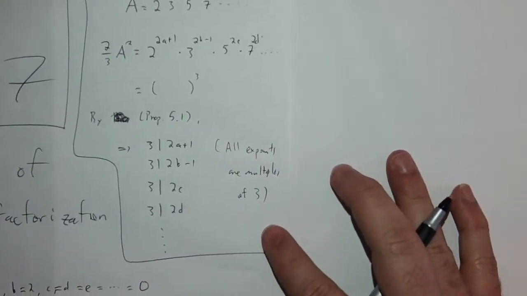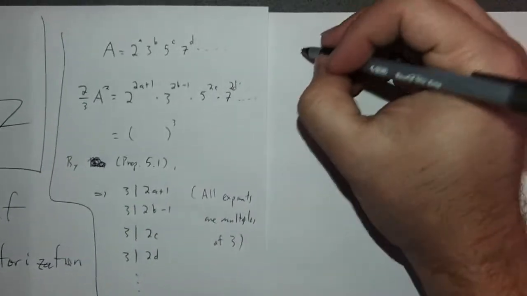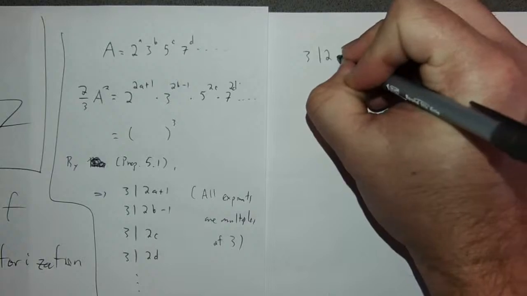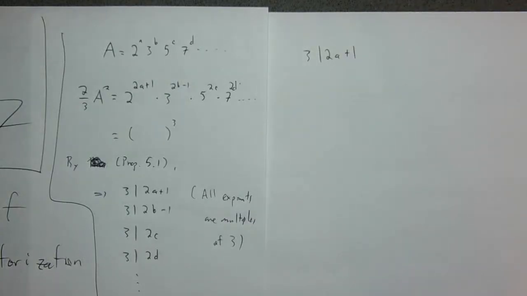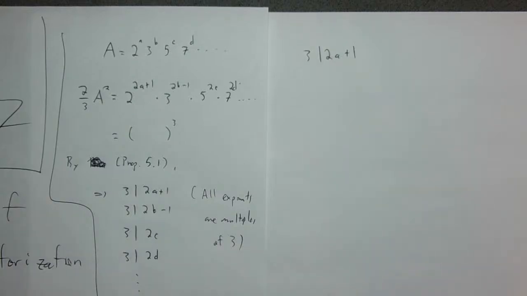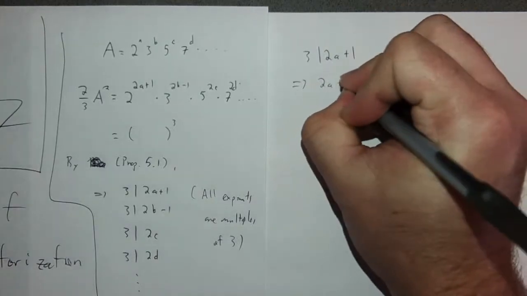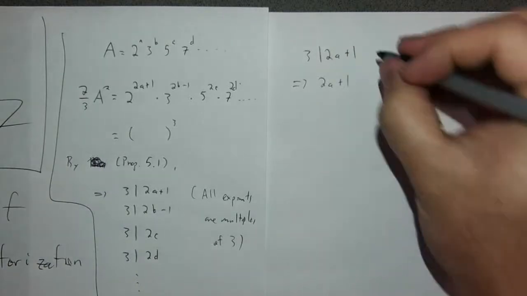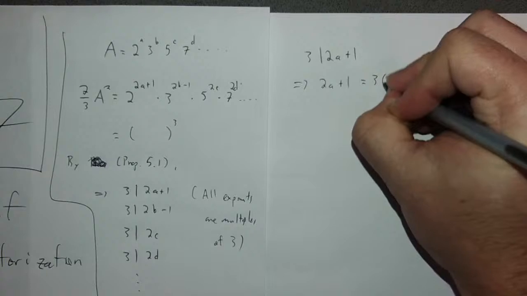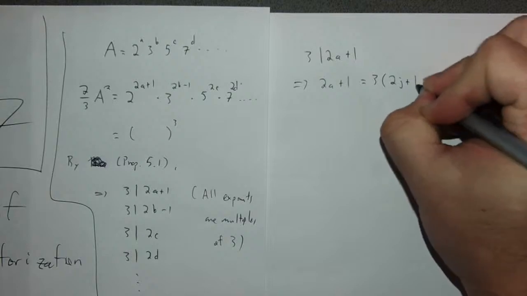So what does this mean? Well, if 3 divides 2a plus 1, well, 2a plus 1 is odd, right? And it's a multiple of 3. So this implies that 2a plus 1 is 3 times like 2j plus 1.